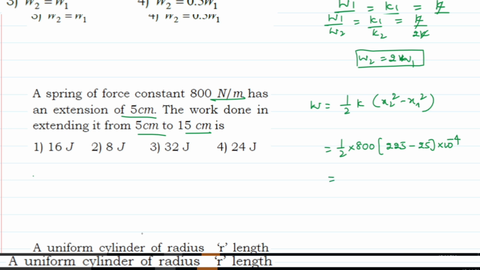When you simplify this, 1 by 2 into 800 gives 400, and 225 minus 25 is 200, into 10 power minus 4, which is 10 power minus 2. Two zeros get cancelled. The work done value will be 8 joules.